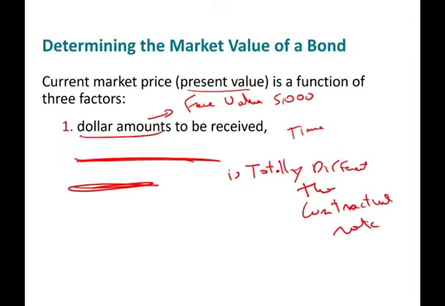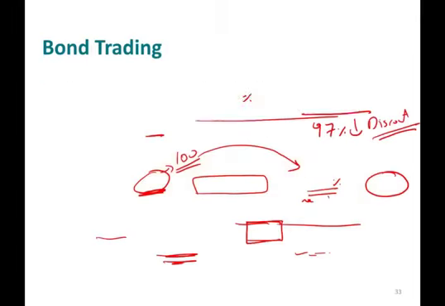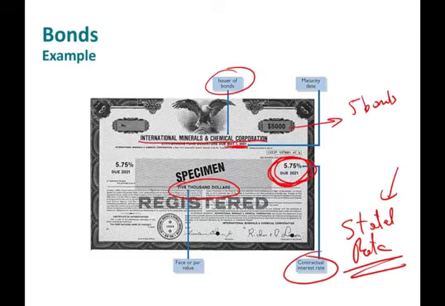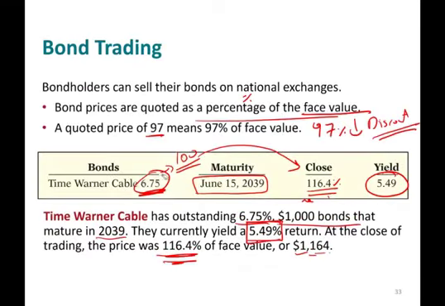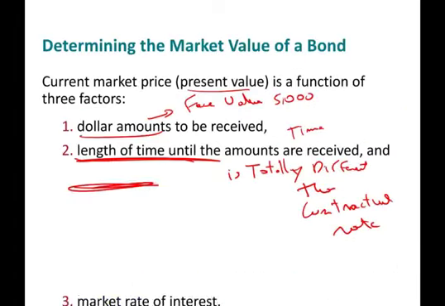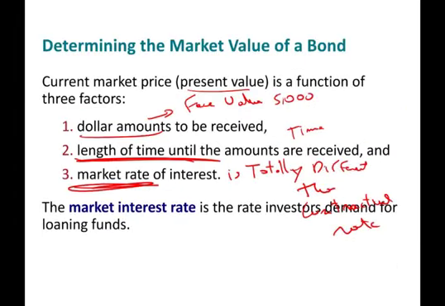Let's go back to the contractual rate. The contractual rate is the 5.75 that the company is paying. What's the difference between the market rate and the contractual rate? The market rate is the rate that the investors demand for loaning the funds. That's different.